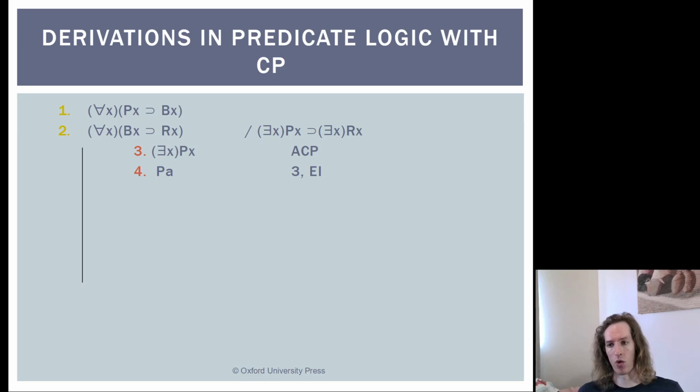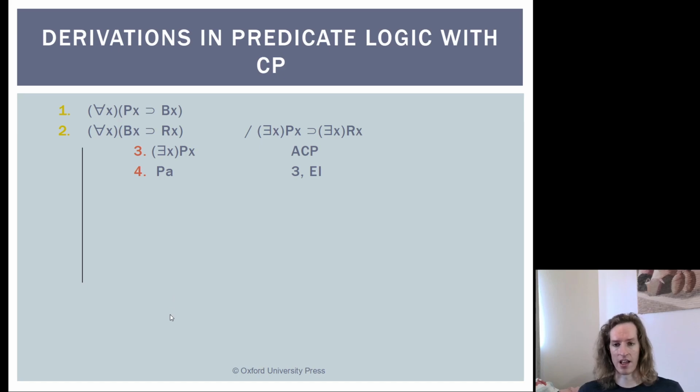But for existential instantiation, you have to use a new constant that hasn't appeared in the proof yet. So we have to existentially instantiate before we do our universal instantiation. We know there is at least one x Px from line 3, and we existentially instantiate from there.